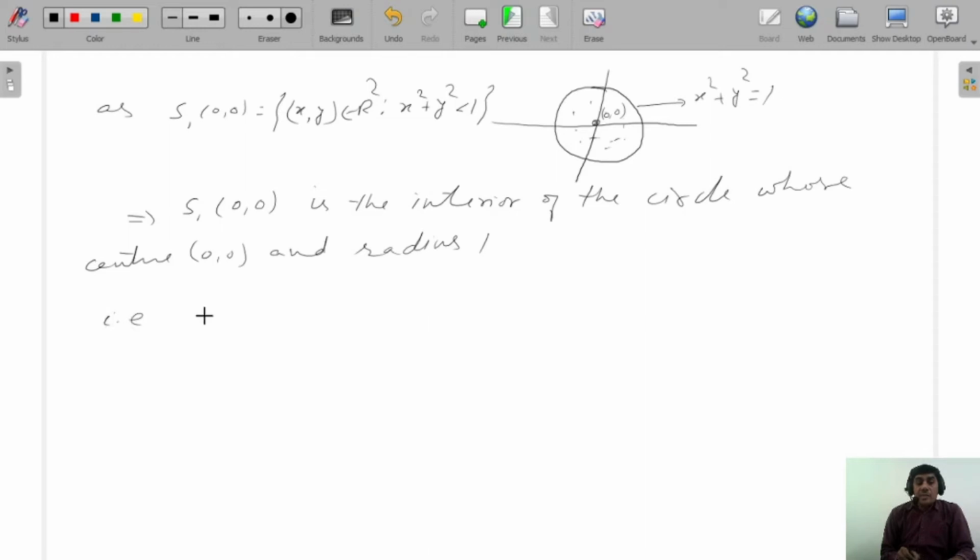That is, S1(0, 0) is the open sphere, the interior of a unit circle.